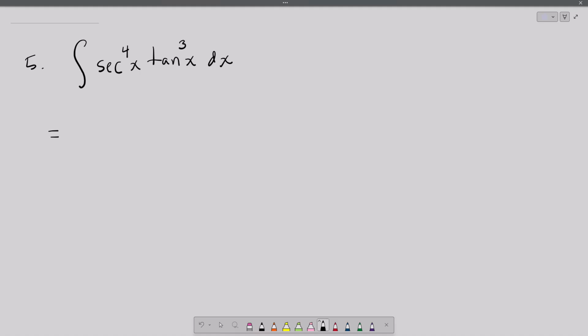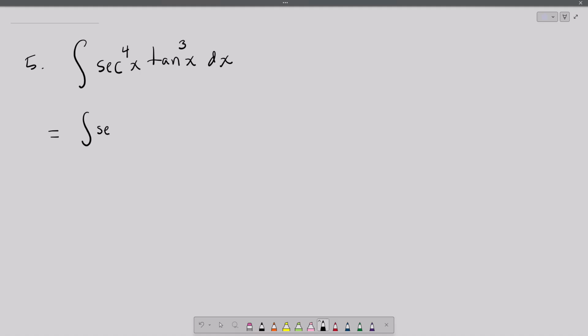Because if we pull off a sec tan, we have to convert tan squared. And if we pull off a sec squared, we have to convert secant squared. So they actually are going to be about the same difficulty, because we're converting a square in both cases. Generally, whichever one has the higher power, that's the harder one to convert. So you usually go with the lower one. In this case, it's not going to matter. So let's write it both ways.